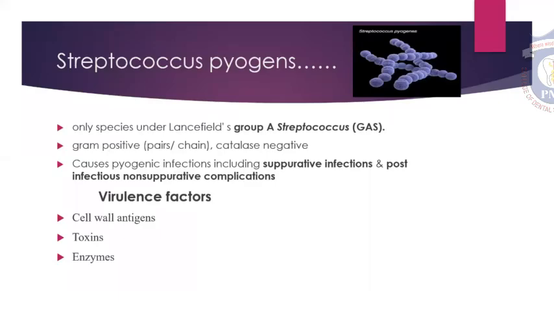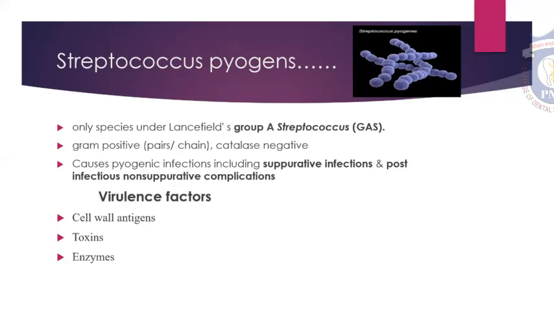These are gram-positive, occur in pairs or chains, and are catalase negative. Streptococcus pyogenes causes pyogenic infections, including suppurative infections and post-infectious non-suppurative complications.